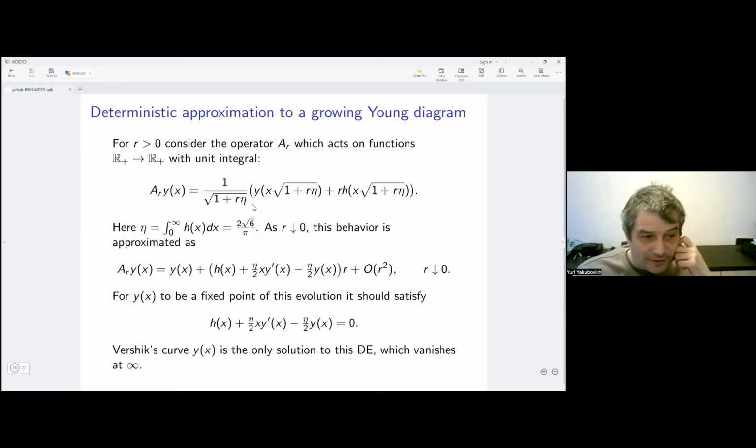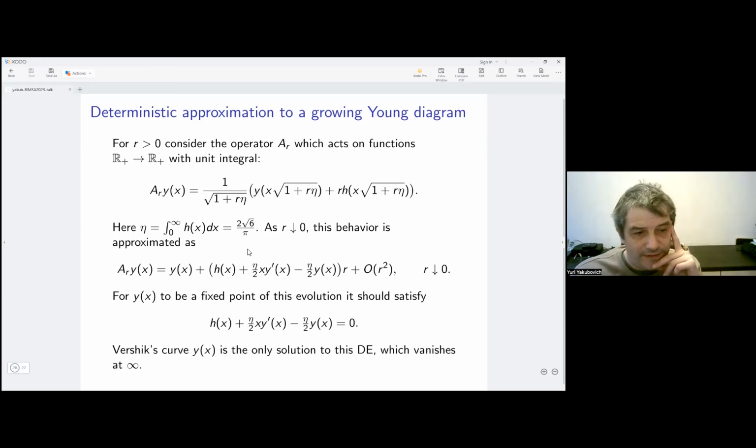It acts on functions y which have unit integral, and it adds r times some deterministic function h to y, and then rescales everything along both axes in equal manner, so that the integral of this new function y plus rh is again 1.